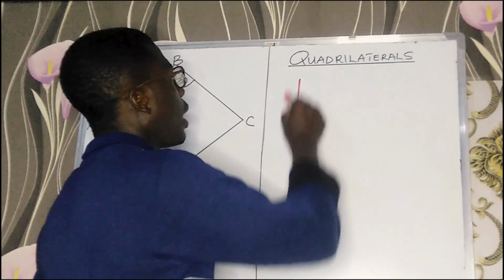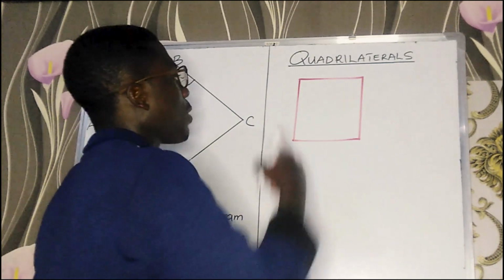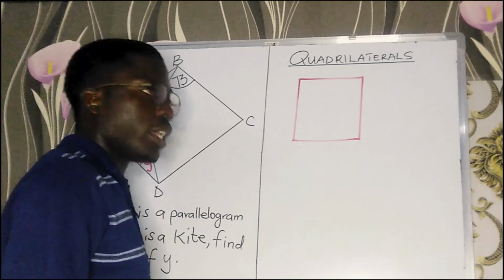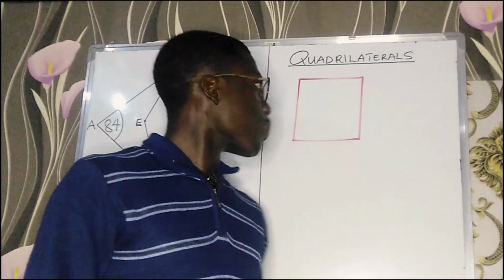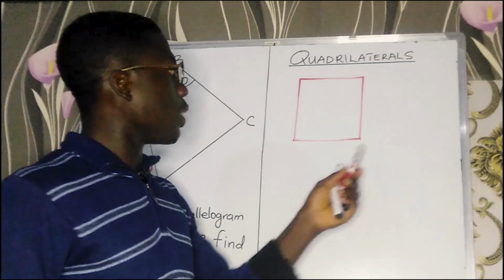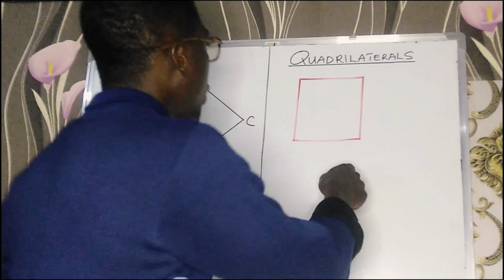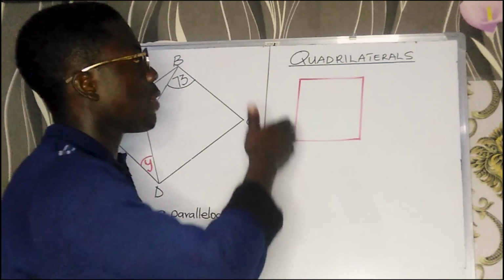So any form of enclosed plane figure with four sides, we call it a quadrilateral. And so you could see on the board we have one side, two sides, three sides, and then the fourth side.